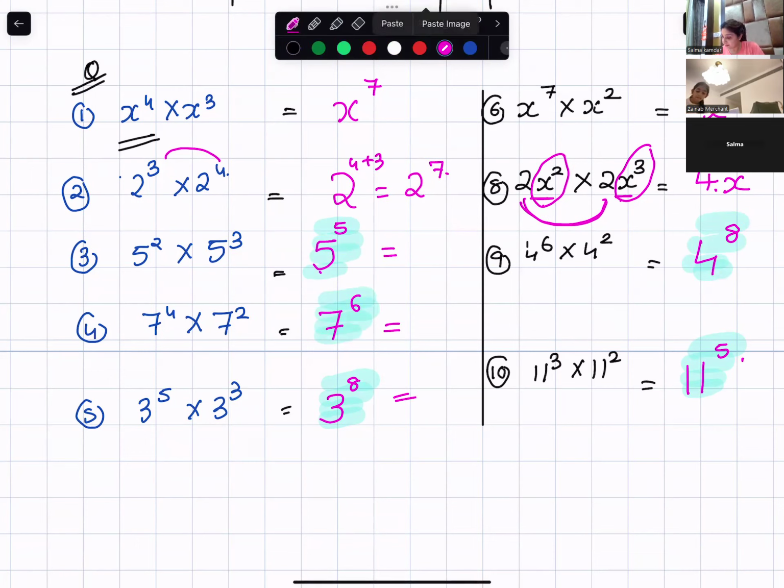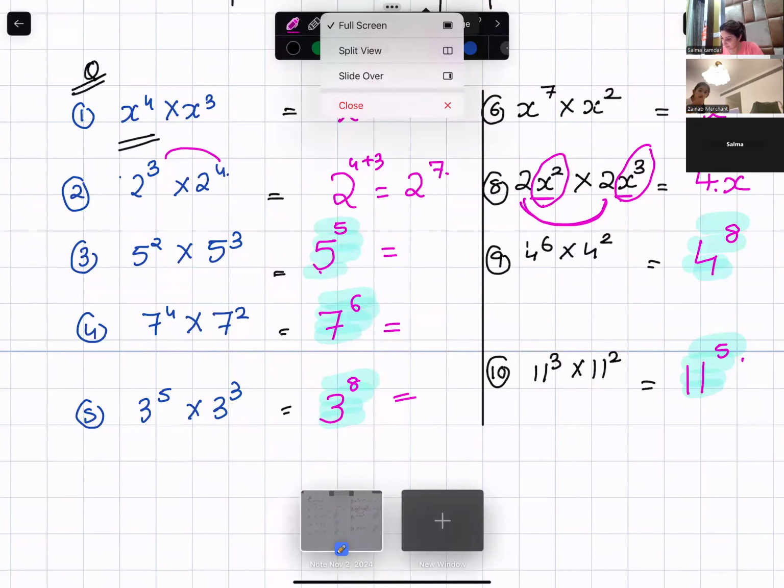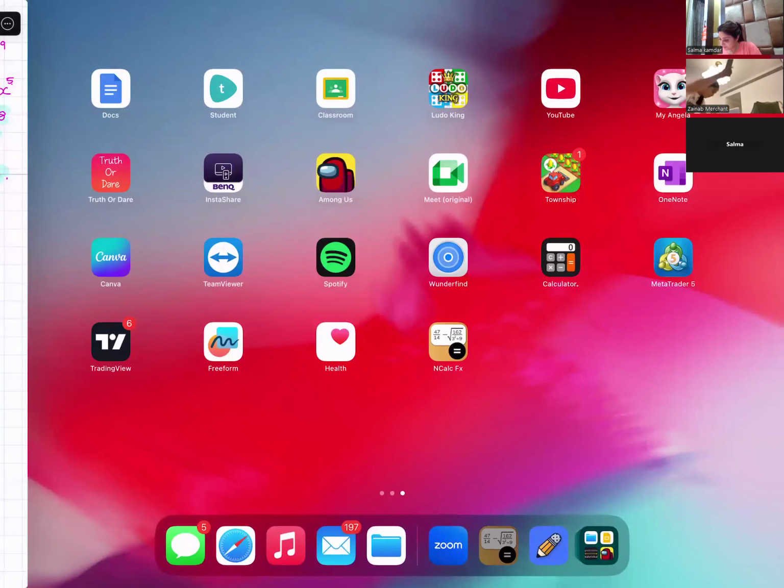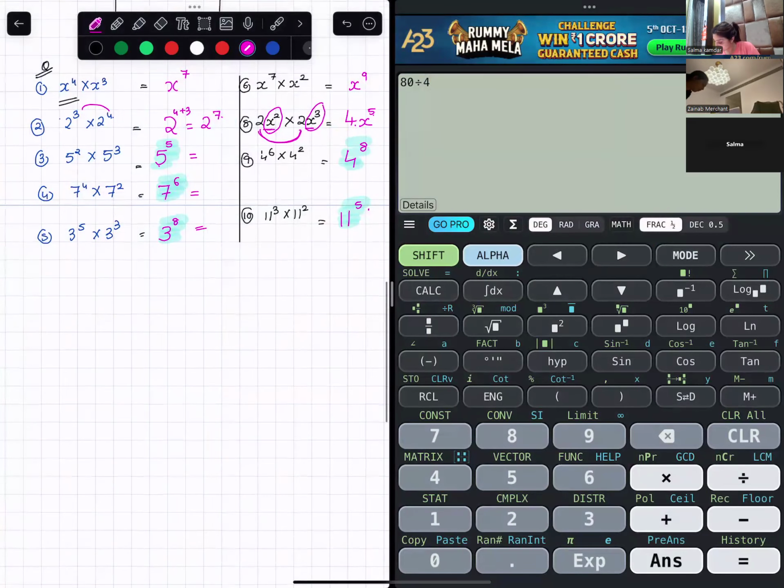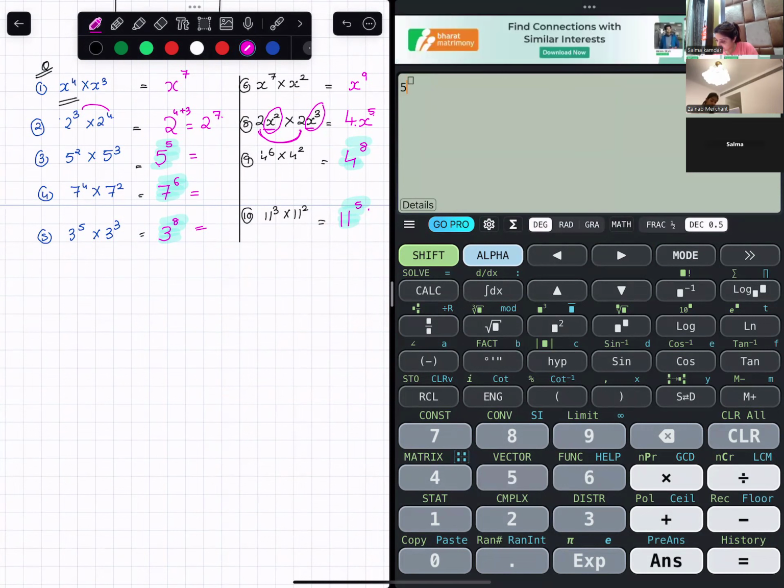Take your calculator. Okay. Now 5 to the power of 5. How do I do power? 5 to the power of 5.